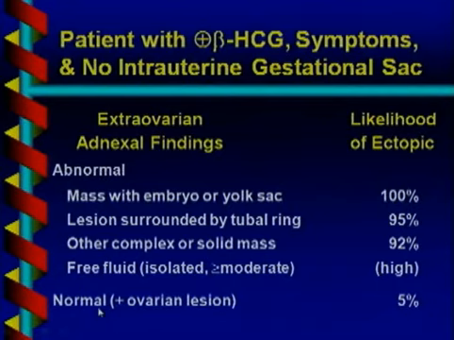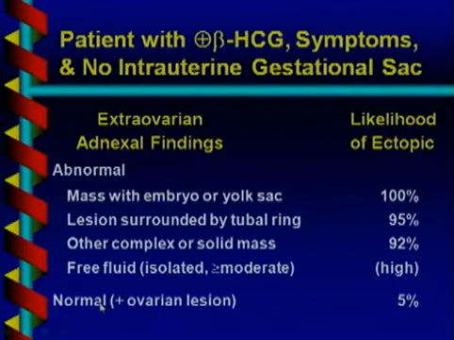Now at the bottom you see the situation in which our patient, who has a positive pregnancy test, symptoms, and nothing in the uterus, also has nothing in the adnexa, at least nothing outside the ovary. So there may or may not be an ovarian lesion, but we ignore those as corpus luteums.